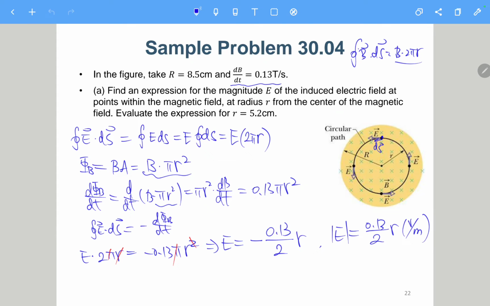Okay, so here we try to evaluate the expression for r equals 5.2 centimeters. So here we have E at r equals 5.2 centimeters, which is 0.13 over 2 times 0.052, which is 3.4 millivolts per meter.